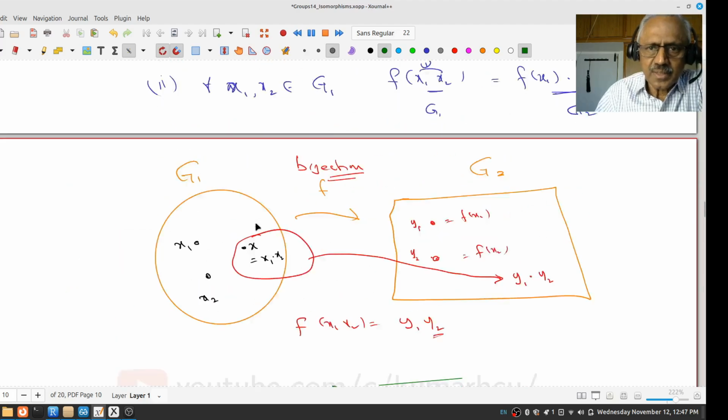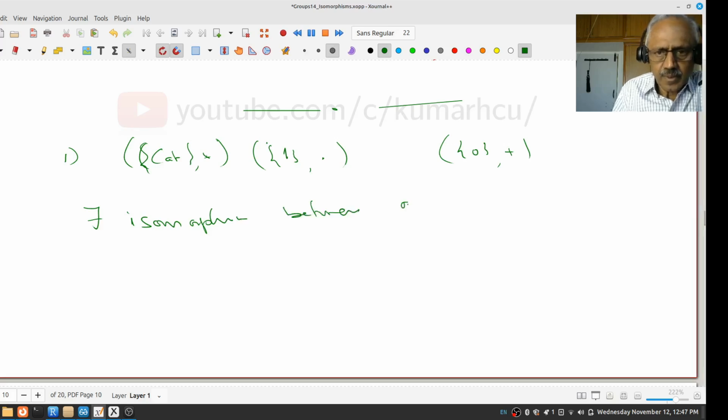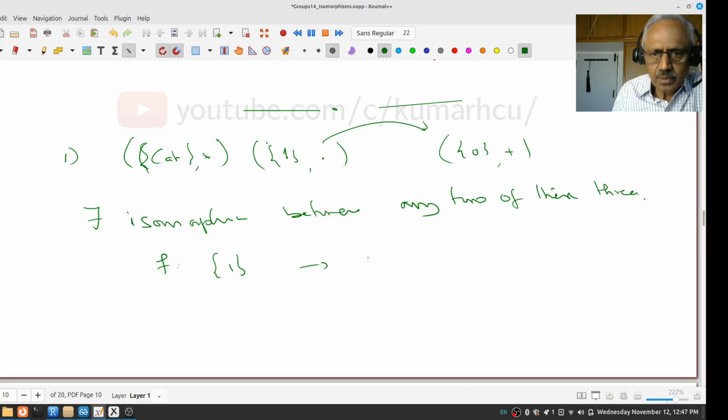When I say two groups are isomorphic, there exists an isomorphism between any two of these three, right? Suppose you want this an isomorphism, then I will define f of 1 to 0.